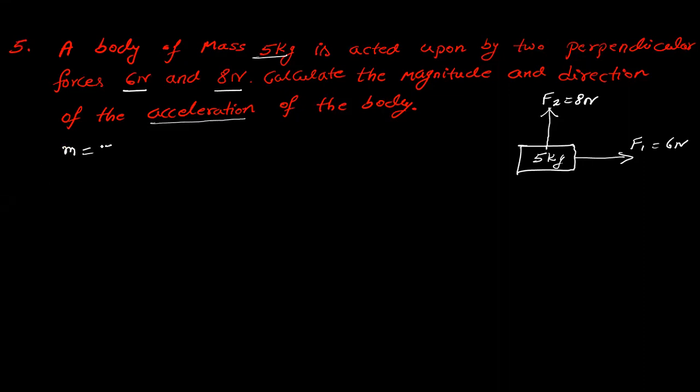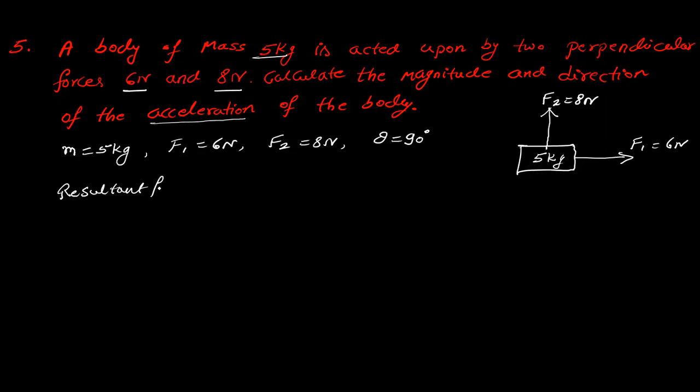First, write the given: mass is 5 kg, the forces are F1 6 Newton and F2 8 Newton, and the angle between them, since they are perpendicular, is 90 degrees. So the magnitude of the resultant force we find first.